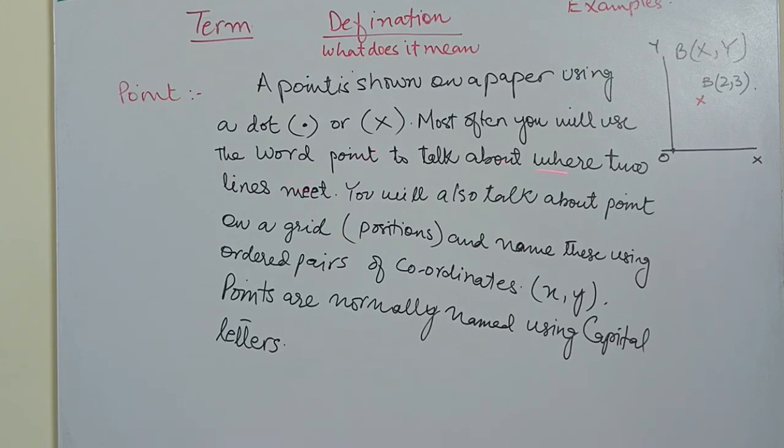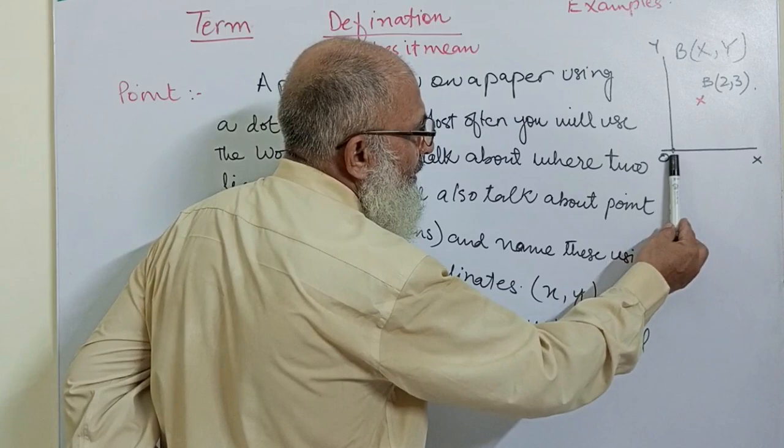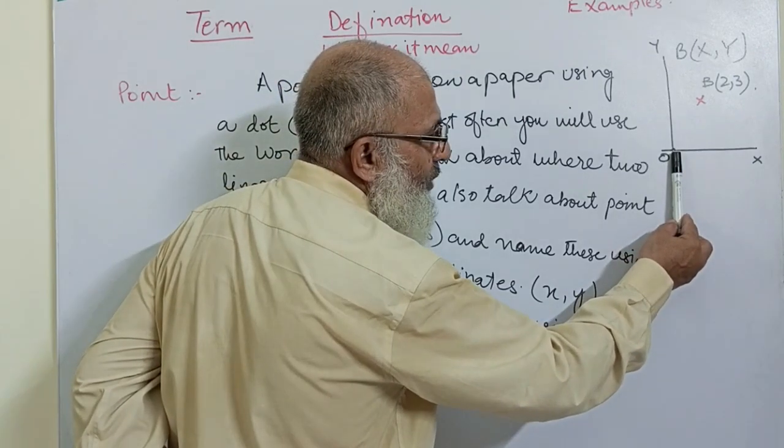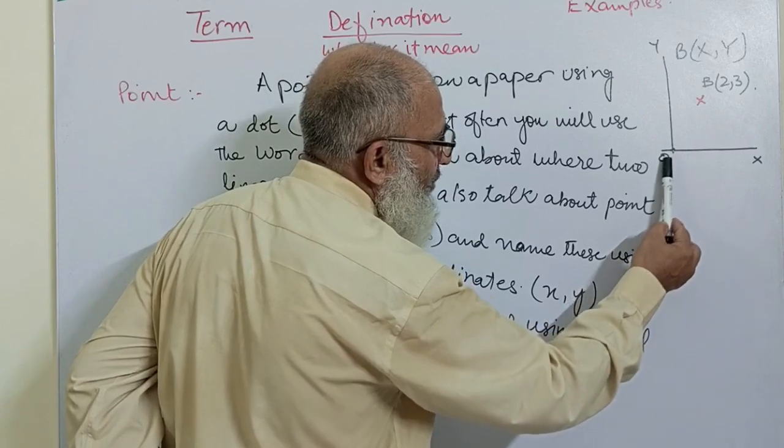Or it is also shown as X. Most often you will use the word point to talk about where lines meet. You see that there's a line X, there's a line Y, and they meet at this point, which is written as O here. This is where the two lines are meeting, and we call it point O.